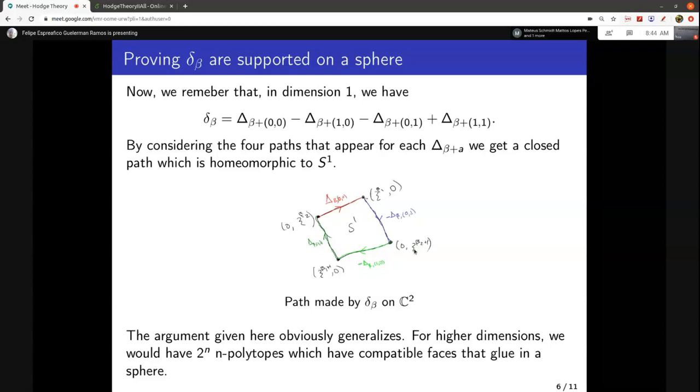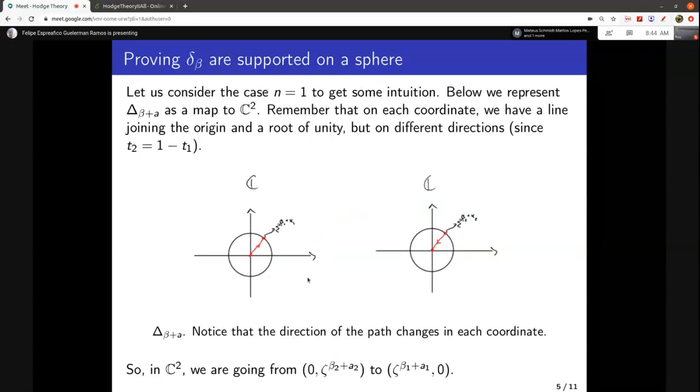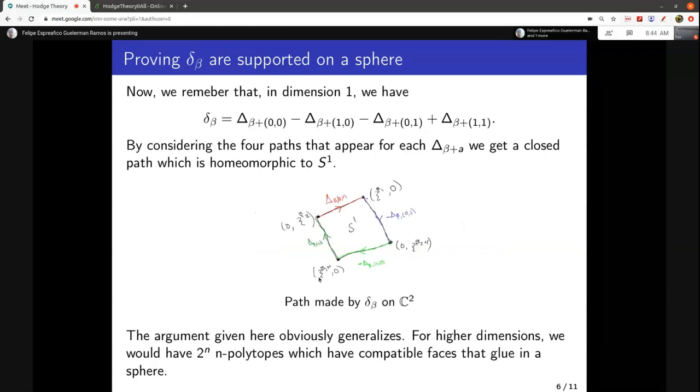So sometimes this is important, that this sphere is not smooth, because we have to glue this, and this usually does not glue smoothly. So okay, and obviously this generalizes to higher dimensions.